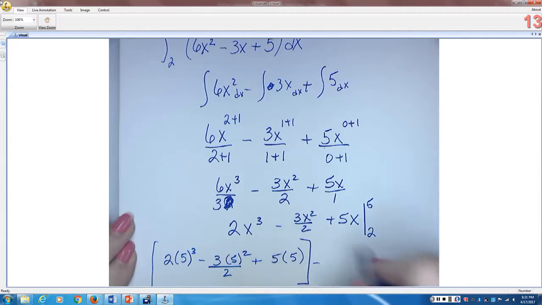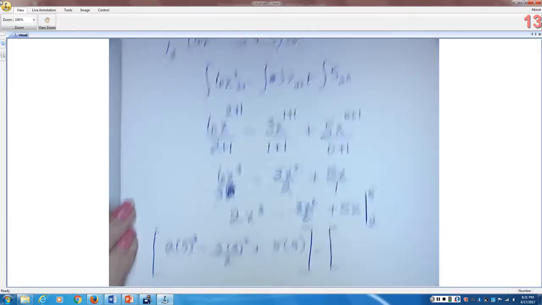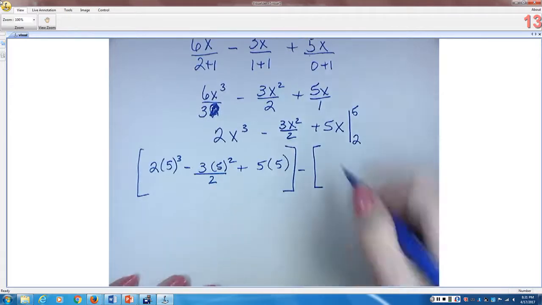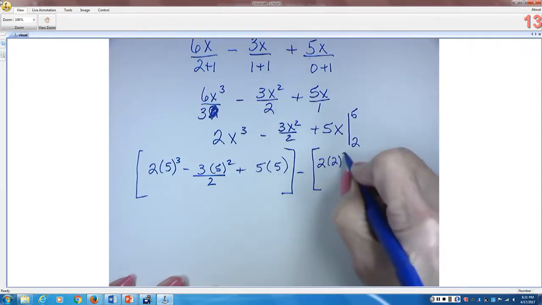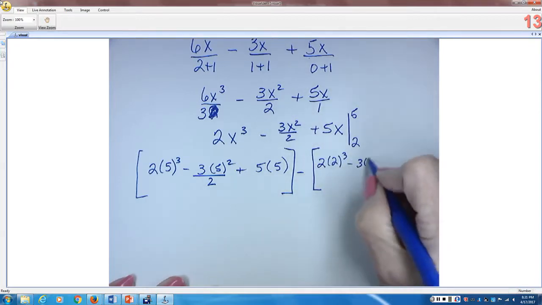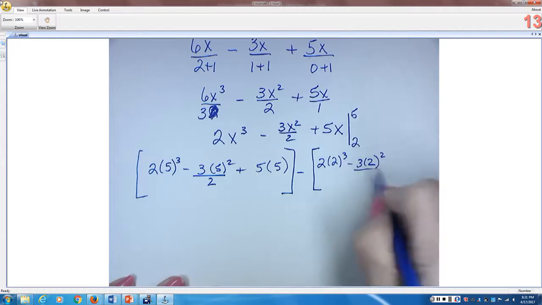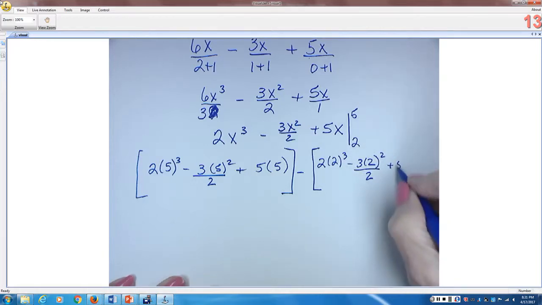And we're going to subtract from that 2 times 2 to the third power minus 3 times 2 squared divided by 2 plus 5 times 2.